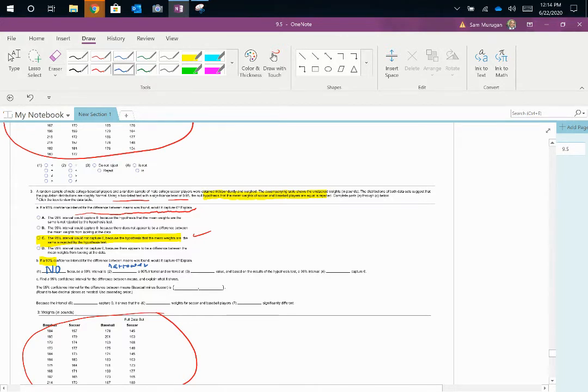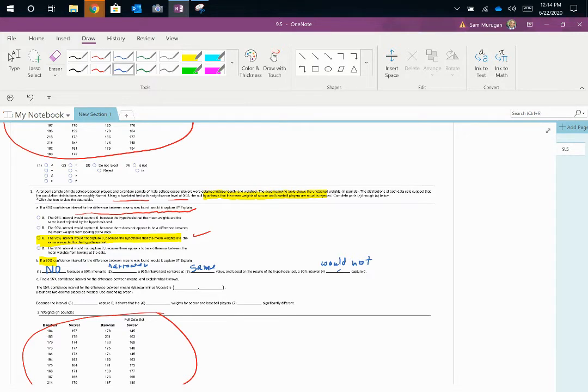The only difference is it's now a narrower interval centered at the same value. Based on the results of the hypothesis test, a 90% interval would not capture 0 also, because they're both at the same center.